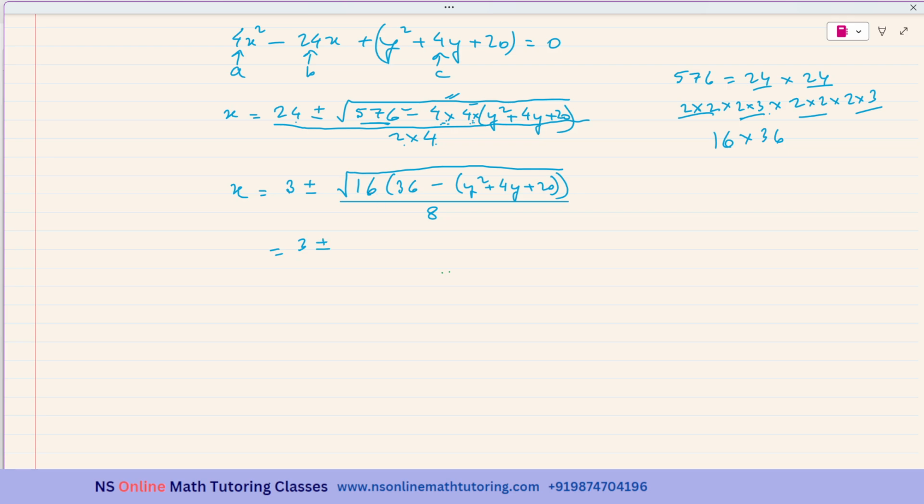The square root of 16 is 4, so 4 over 8 will be half. And this will be minus y² minus 4y, and 36 minus 20 is plus 16.